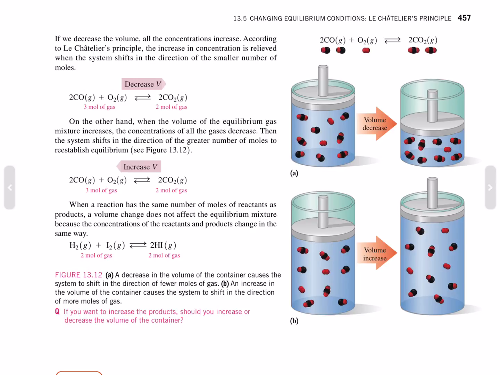So increasing the volume, which is decreasing the concentration, shifts back towards the higher number of moles, which is towards the reactants. When a reaction has the same number of moles of reactants as products, the volume change does not affect the equilibrium mixture because the concentration of reactants and products change in the same way.